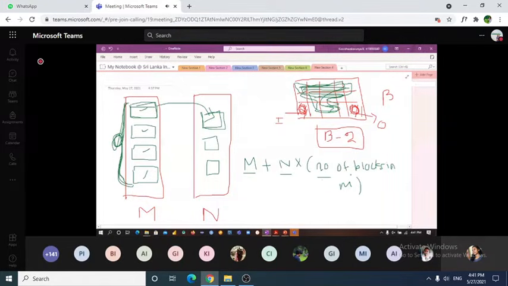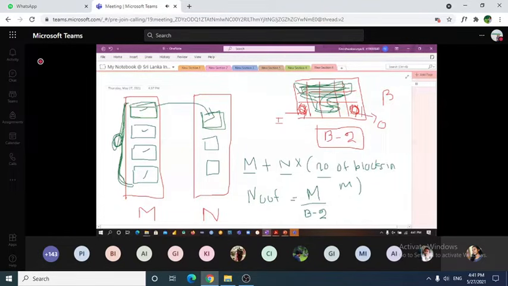Here they have given the buffer size, that is B minus 2. So to find the number of blocks, you divide the total number of pages in the outer table by the block size, right? That is the idea here, and take the ceiling value of that.